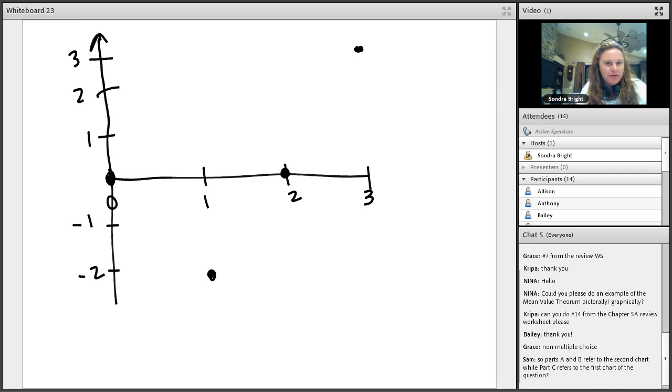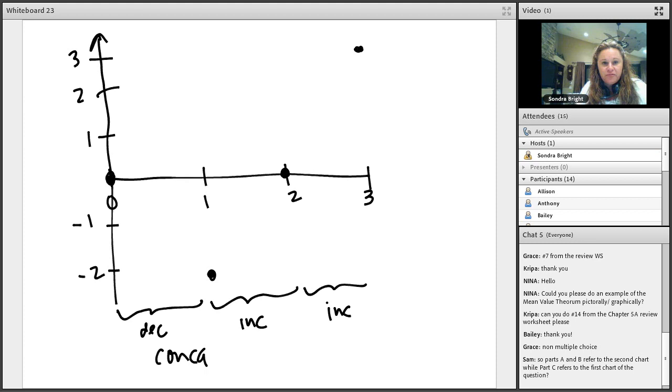Between 0 and 1, I've got a negative slope, so you're decreasing from here to here. From 1 to 2, you're increasing, and from 2 to 3, you're increasing. We've got concave up the whole way.